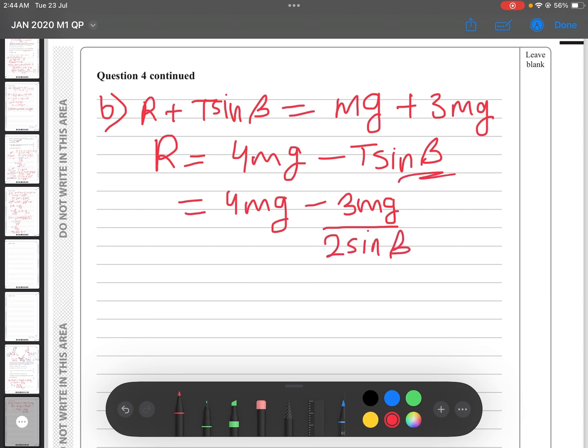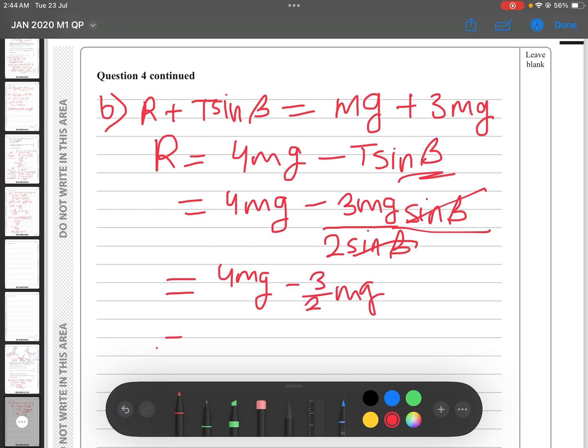And there is this sine beta left as well. Sine beta, right? So this sine beta and this sine beta can be cancelled out, and we get 4mg minus 3 by 2 mg. 4 minus 3 by 2, we get 2.5 mg. And that is the answer for part B.